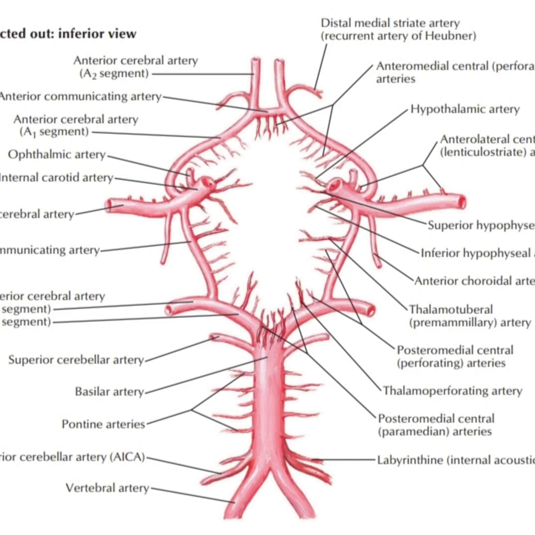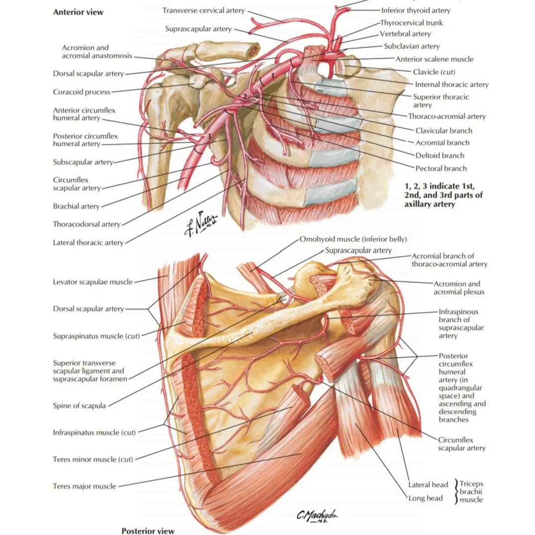Here we finish the carotid system. Next we will see the subclavian arterial system. The subclavian artery arises and goes laterally between the anterior scalene and middle scalene muscles, and it has 3 parts.